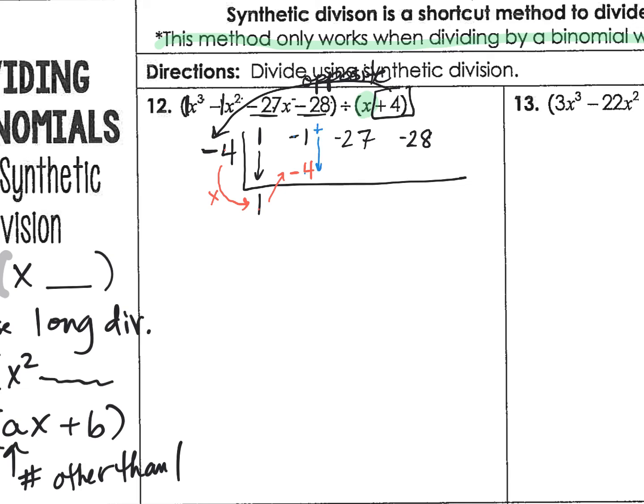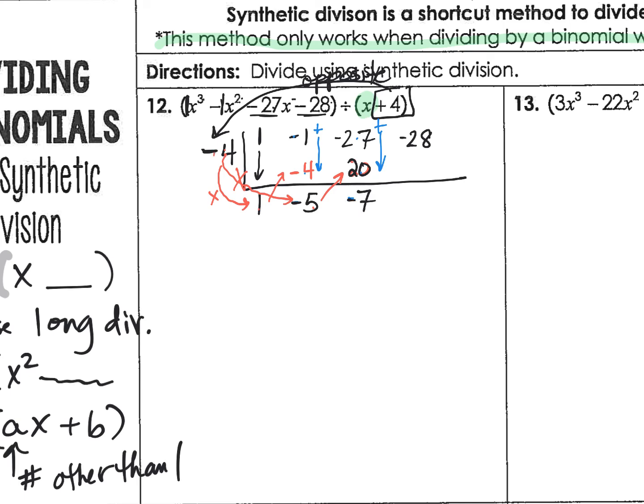Negative 1 plus negative 4 is negative 5. Now we go again. We multiply: negative 4 times negative 5 is positive 20. And then we add straight down. Negative 27 plus 20 is negative 7.